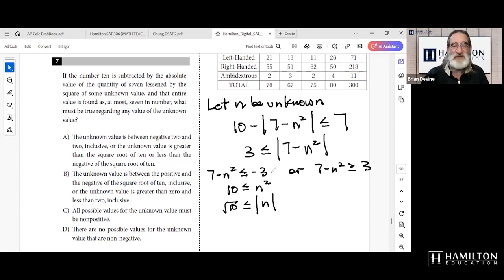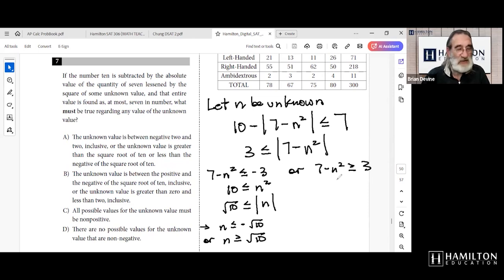Remember, the square root of a perfect square in SAT is the absolute value, or positive value. So using the same idea, I have an absolute value that's greater than a constant, so n is less than or equal to negative root 10, or n is greater than or equal to positive root 10.